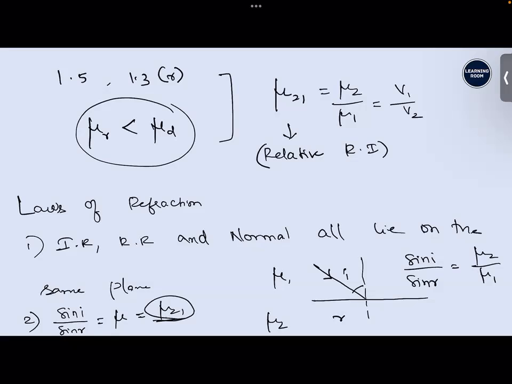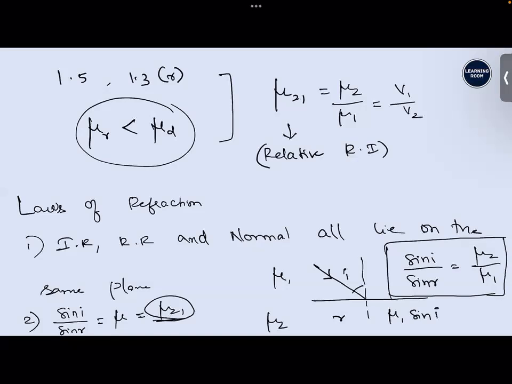But this is not how I keep writing it. This is only for the textbook version. But I've taught you an alternate way to write Snell's law. How did I teach? You first write down the refractive index of whatever medium you want into the sine of the angle made by the ray with the normal in that medium. So mu1 is present in the ray where you have the incident ray. What is the angle of incidence? Sin i.